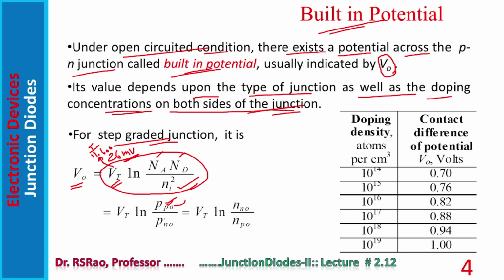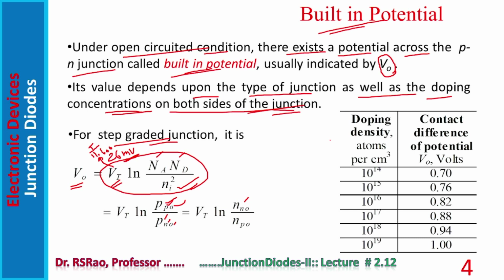Pn0 means hole concentration on the N side under equilibrium condition. Similarly, Nn0 stands for electron concentration on the N side under equilibrium conditions. Np0 means electron concentration on the P side under equilibrium conditions.